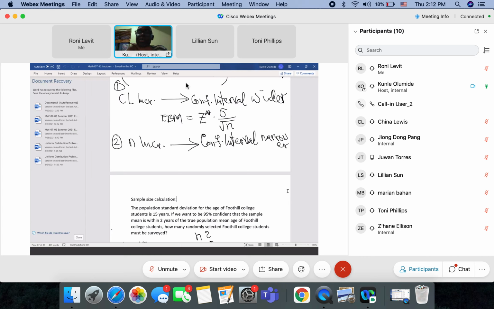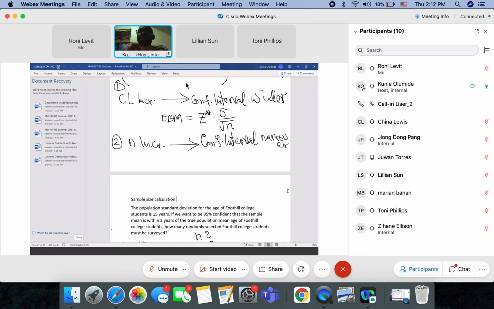It says if we want to be 95% confident that the sample mean is within 2 years of the true population mean.